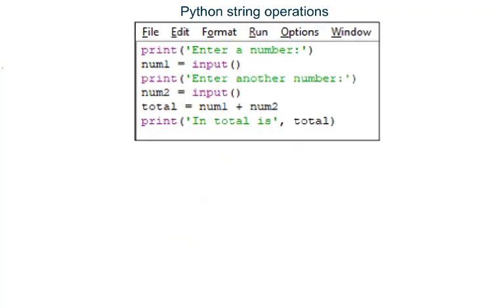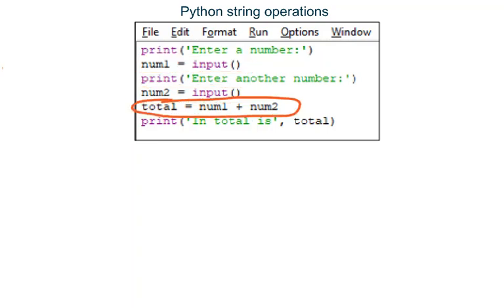Being able to change from data type string to either data type integer or float is really important, because whenever we use the input function, Python automatically makes whatever the user enters into a string. For example, in this program, data is input by the user and stored in variables num1 and num2, but because we have used the input function to do this, the data is stored as strings.